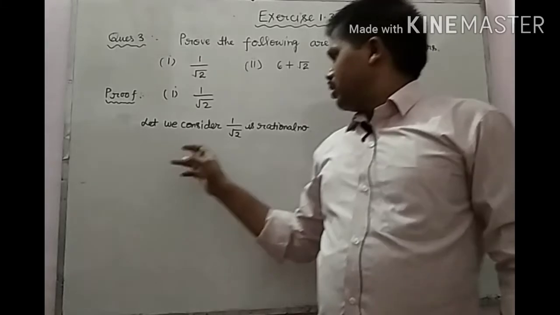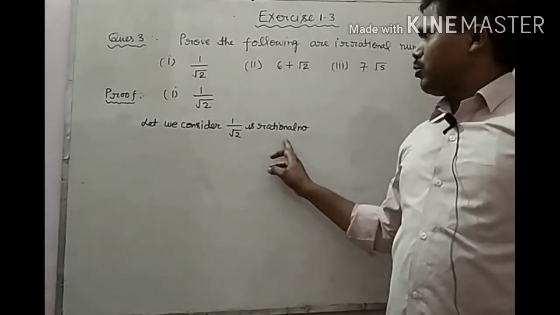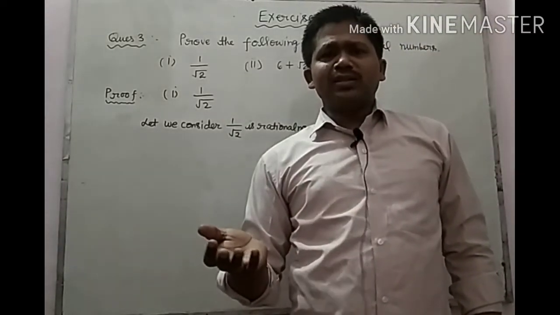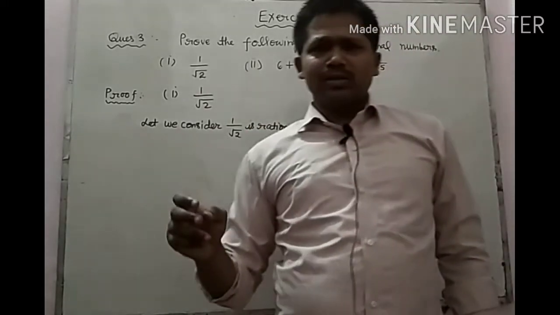So here we consider 1 upon root 2 is a rational number. We have to prove that it is irrational. For this we first consider 1 upon root 2 is rational.